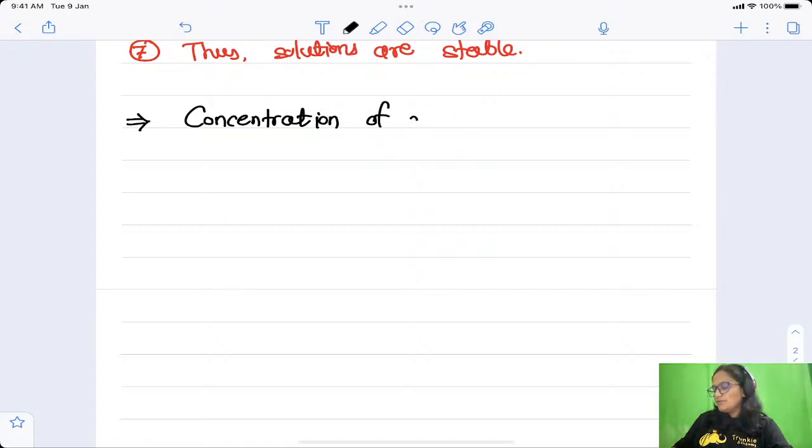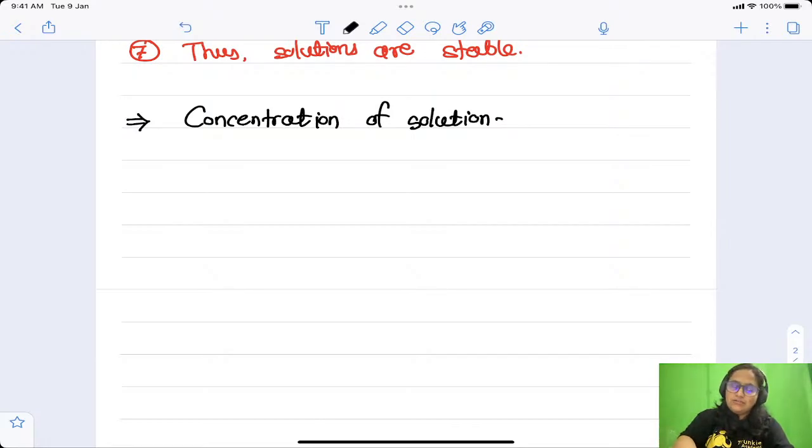Just like I have given one example to you, if I am talking about three different solutions: one is unsaturated, another is saturated, and the third is supersaturated. In unsaturated, less than the required quantity of solute is present. In saturated, the exact quantity is present, and in supersaturated, an excess amount of solute is present.